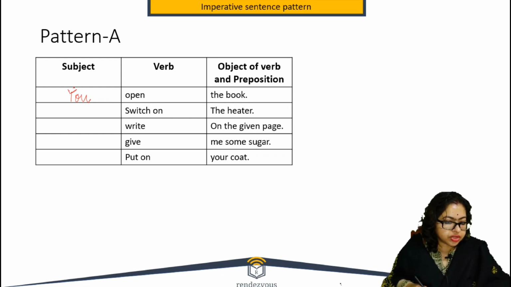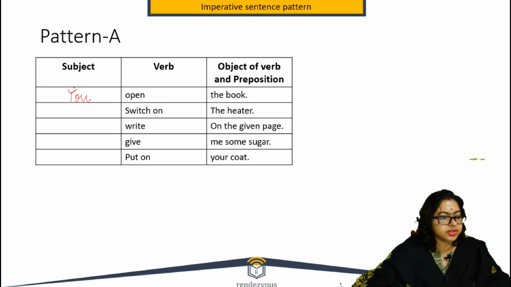Now, you might say that all of the sentences have you as the implied subject, but the imperative sentence pattern doesn't allow anyone for the subject to be said or written there explicitly. The subject is implied and it is implicit.